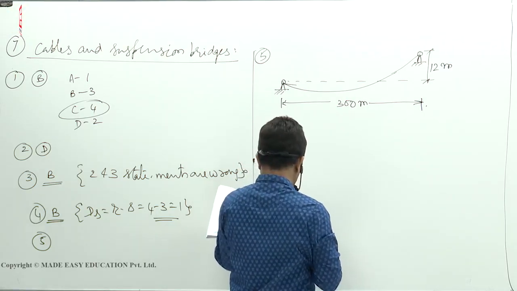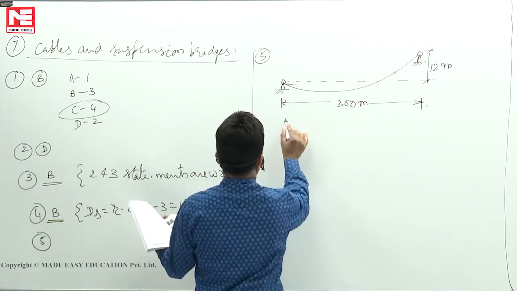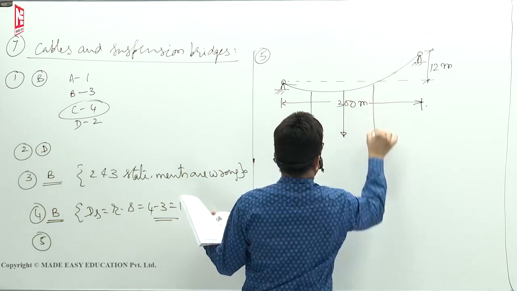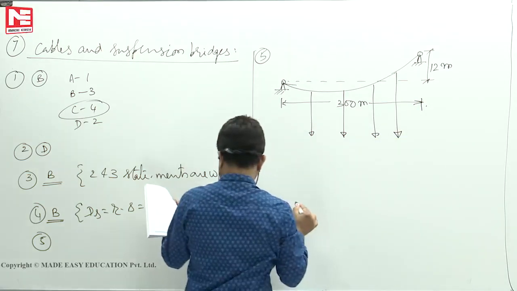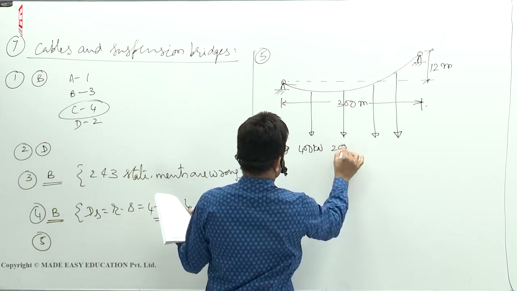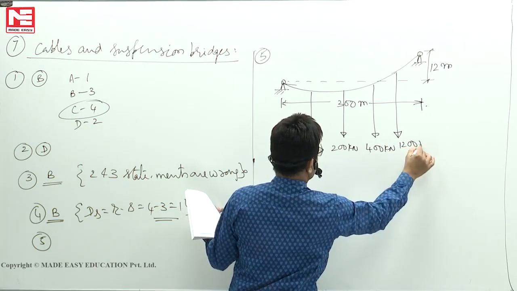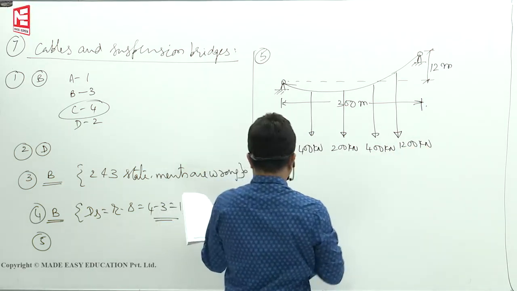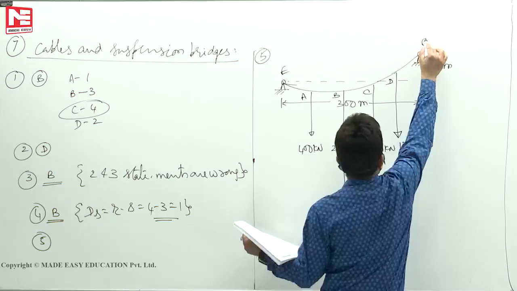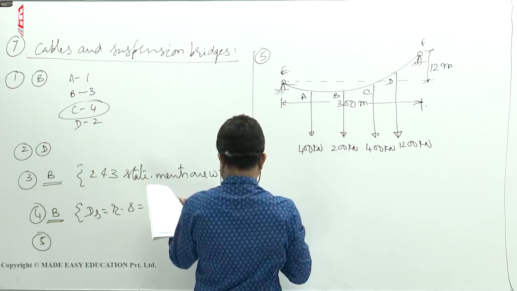4 vertical loads of magnitude 400, 200, 400 and 1200 kilonewton are applied at A, B, C and D. Like this. First one is 400 kilonewton, this is 200 kilonewton, 400 kilonewton and 1200 kilonewton, applied at points A, B, C, D. Take the end points E and F. The loads are at 60 meters respectively from the left support.